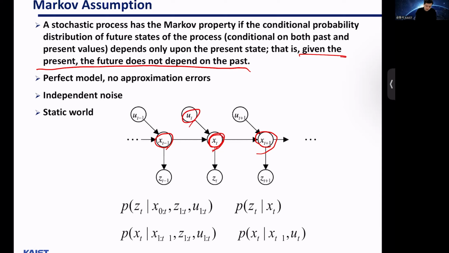That's basically what it means. And it's not a function of xt minus 1, ut minus 1. And what that means is you may have different history, but if you reached same xt and used same ut, then what you get for xt plus 1 is identical.